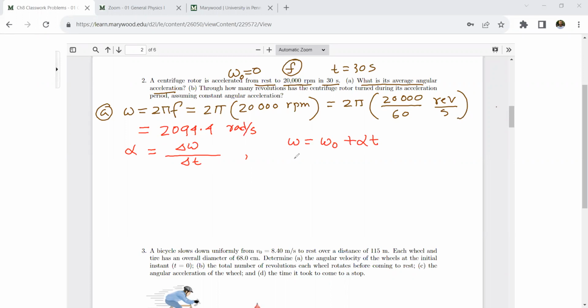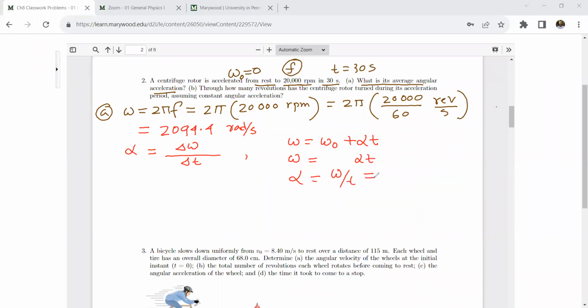So let's use this equation. We know omega, we already know. Omega 0 is 0, then alpha t. If I solve this equation for alpha, it gives me alpha equal to omega over t.